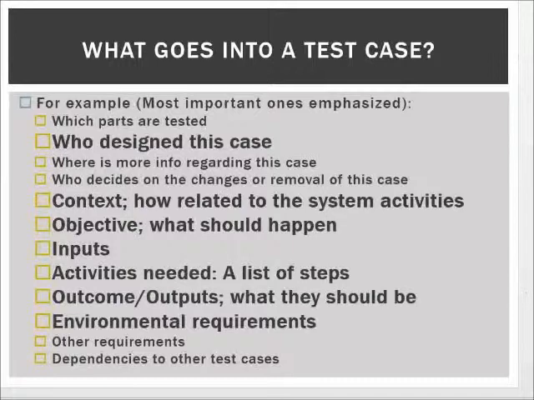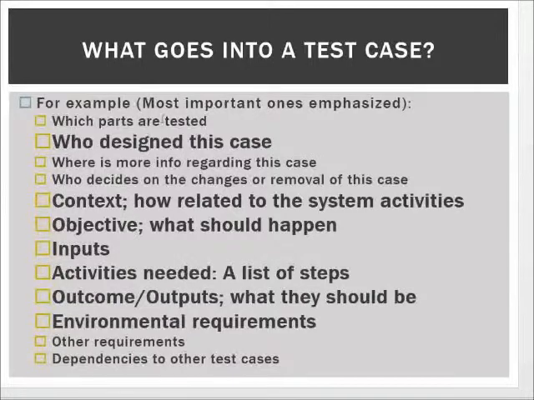Step-by-step list of activities. Also, for the testers, for example, what are the environmental requirements? So in what state should the testing environment be, or what are the things that we expect to be present? For example, that the database is unavailable or that there are no special circumstances or special situations in the system we are using.